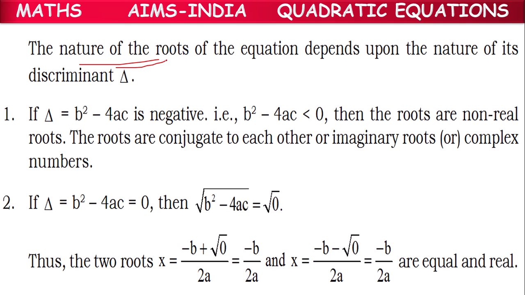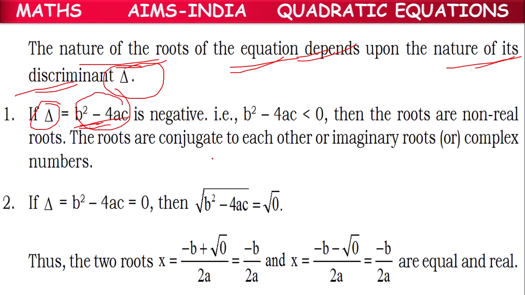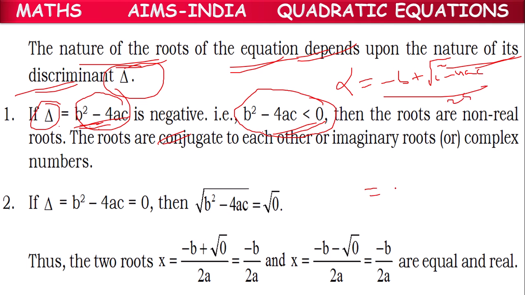So the nature of roots of an equation depends upon the nature of its discriminant, which is delta, which is b square minus 4ac. If the discriminant value is negative, meaning b square minus 4ac is less than 0, then in the alpha value, minus b plus root of b square minus 4ac by 2a, the discriminant becomes negative, suppose minus 1, by 2a.